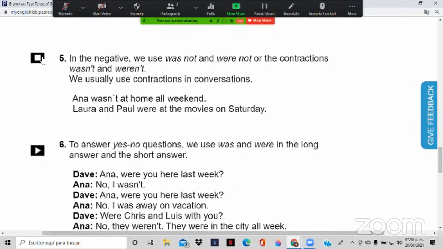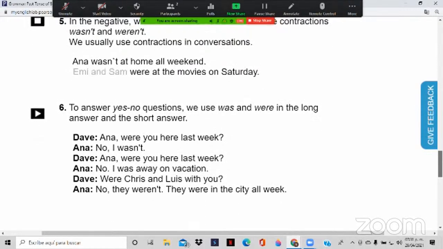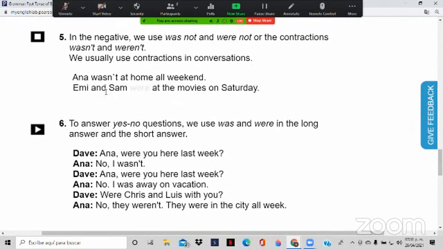Laura and Paul were at the movies on Saturday. Emmy and Sam were not at the movies on Saturday. Emmy and Sam weren't at the movies on Saturday. Okay, so here estaba la palabra were not.